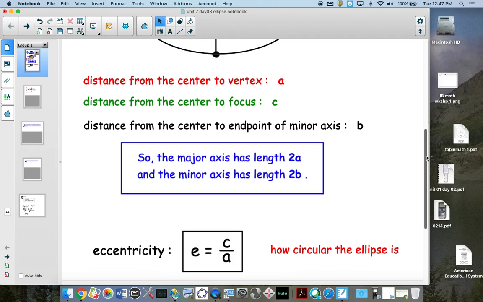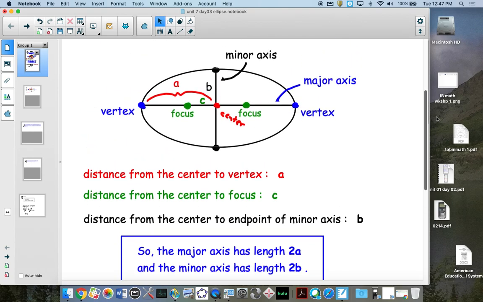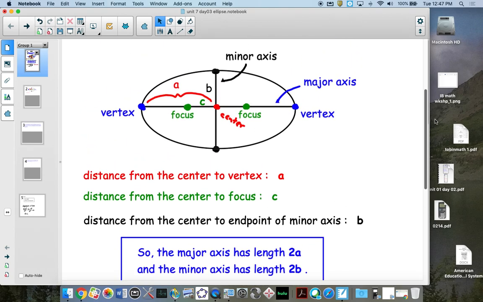And so let's go back and look at this picture for a second. So eccentricity is C over A. So C is this distance, and then A is that distance. So in an ellipse, A is always bigger than C. Sometimes it's a lot bigger, sometimes it's not a lot bigger at all.